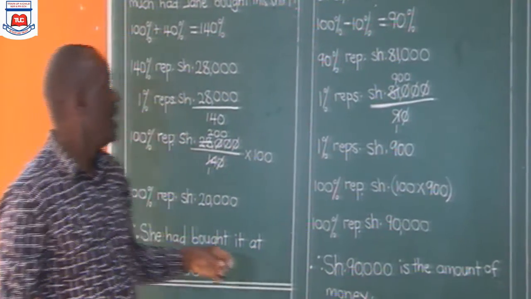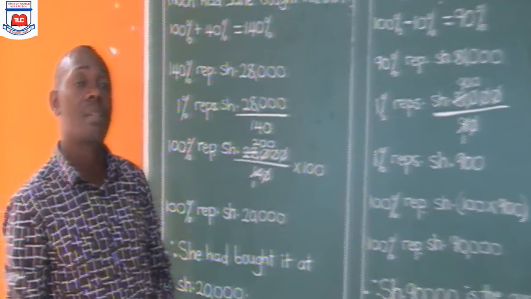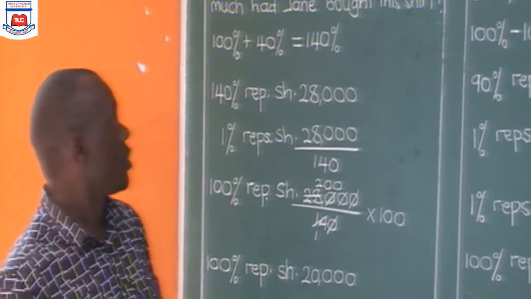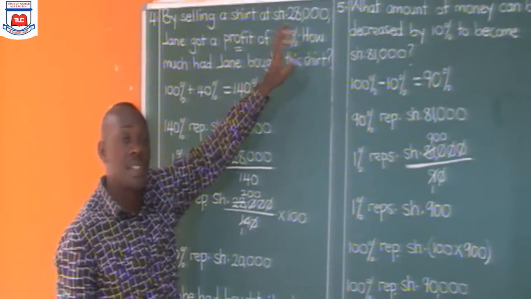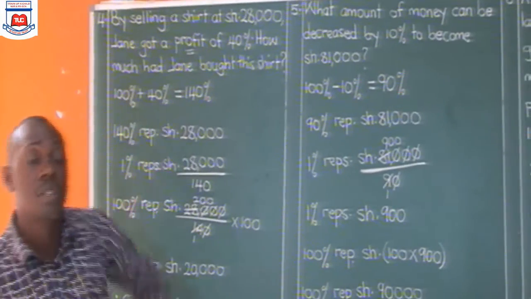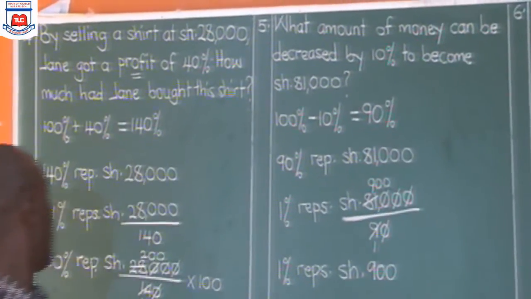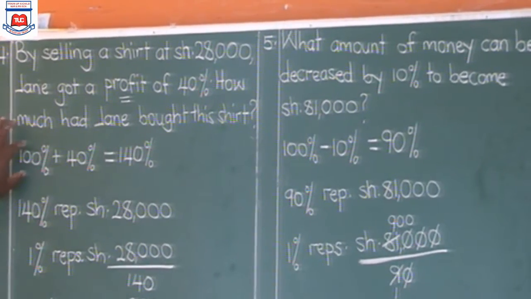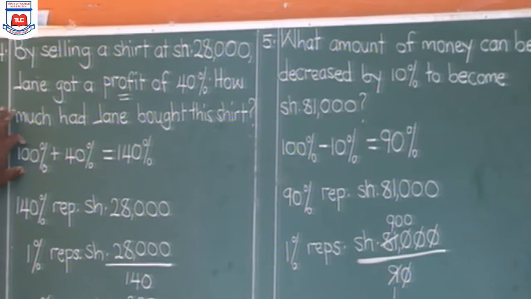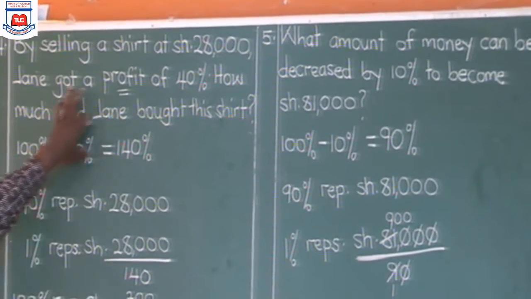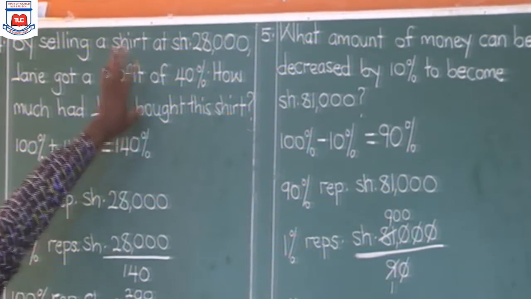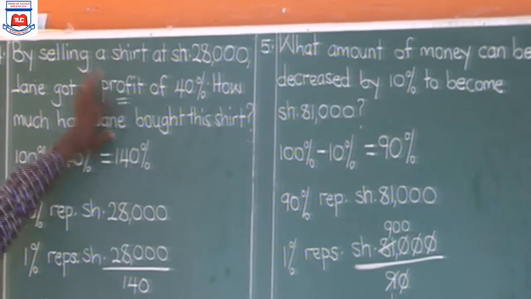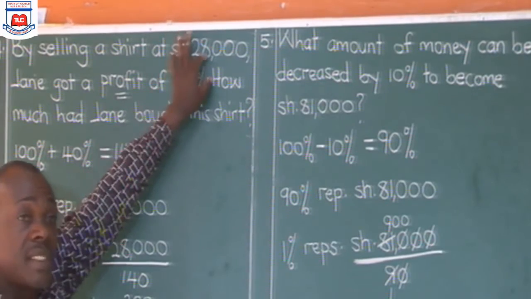Therefore, it's like the percentage increase in example number 3. So profit is applied like percentage increase because it is an increment onto one's buying price. Therefore, because profit is like an increment, we do like example number 3. 100% plus 40% is equal to 140%. This is what he has obtained after the sale. And this is the selling price, which is 28,000 shillings.